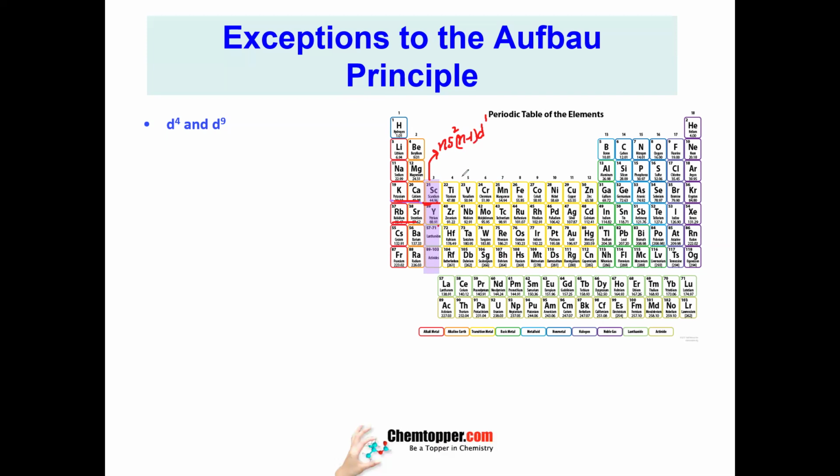So n minus 1. ns2 (n minus 1) d1. What about this one? Titanium. Can we work with titanium? Family, complete family, general configuration. ns2 (n minus 1) d2. d1, d2.